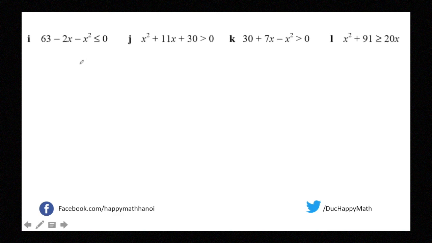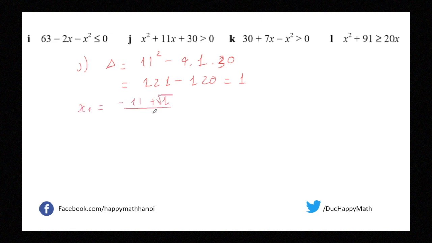Question J. The delta, b squared minus 4ac, equals 1. So x1 will be equal to minus 11 plus the square root of 1, divided by 2. So it means minus 5. x2 is minus 11 minus the square root of 1, divided by 2, minus 6.